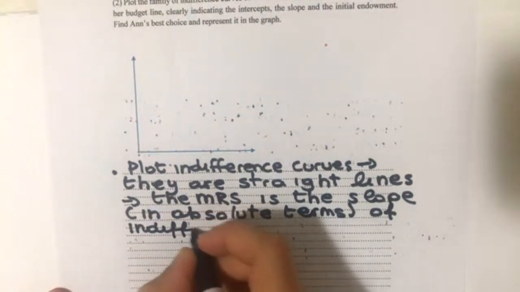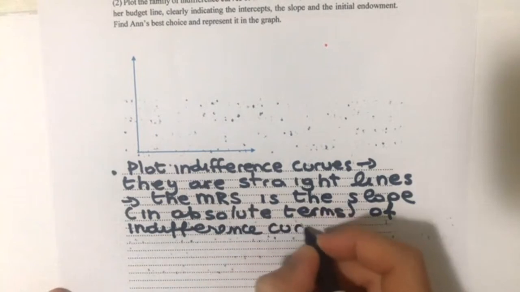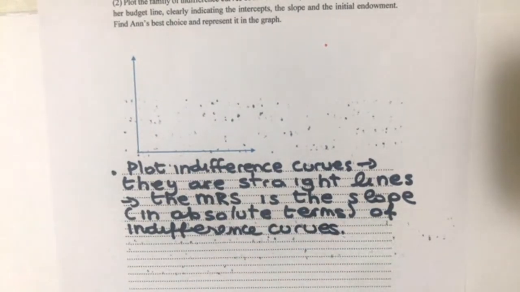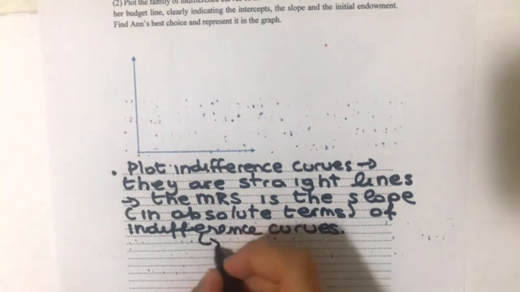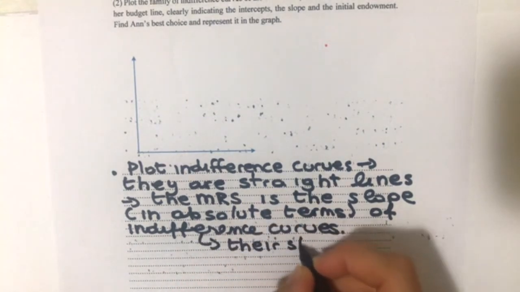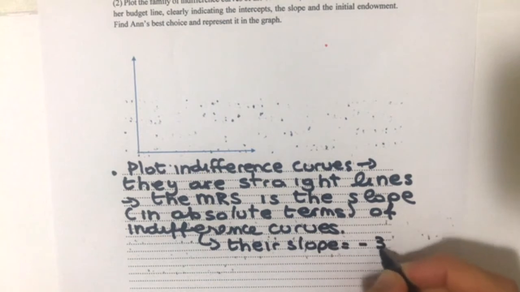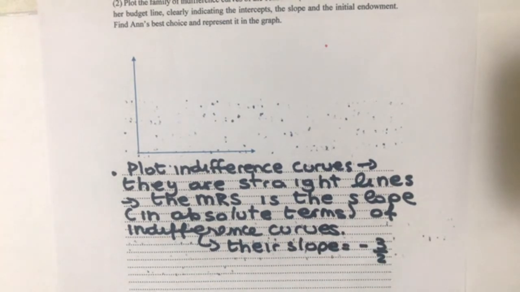So in our case, the slope of the indifference curve is minus 3/2 because it is equal to the MRS in absolute terms. The real slope is negative and it is minus 3/2. Okay, at this point, it is enough if we draw 3 lines whose slope is minus 3/2. Any of these 3 lines, the only characteristic that they must have is that the slope is minus 3/2.